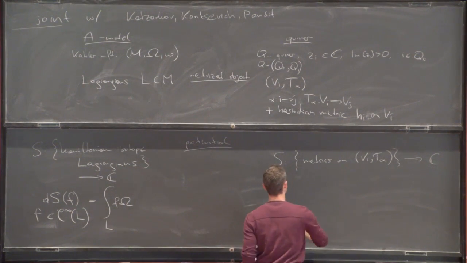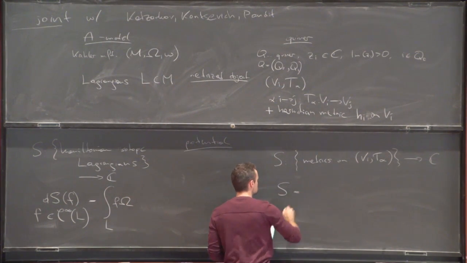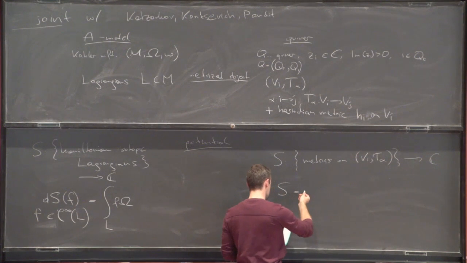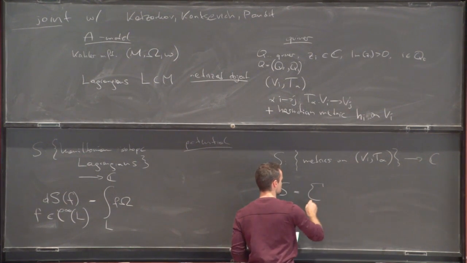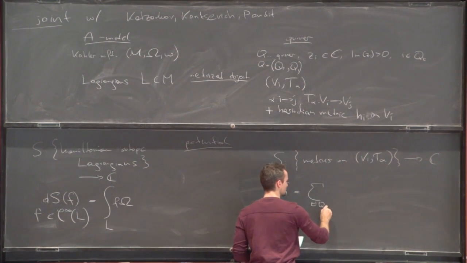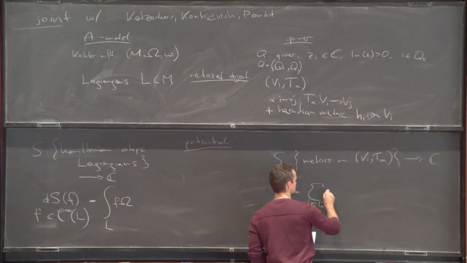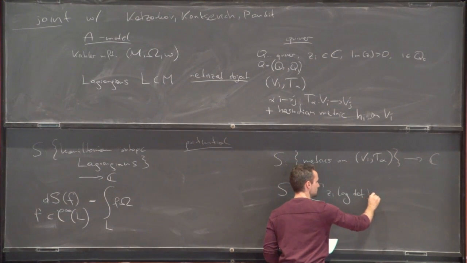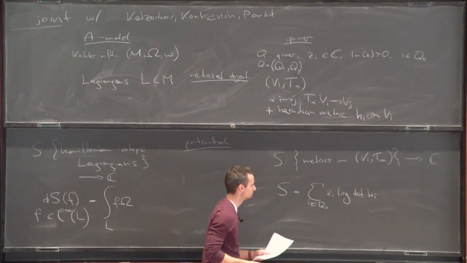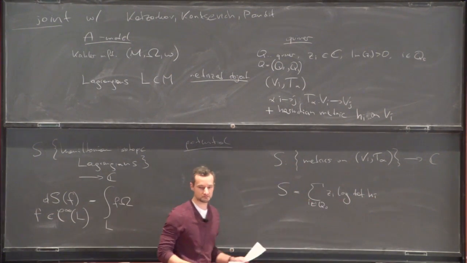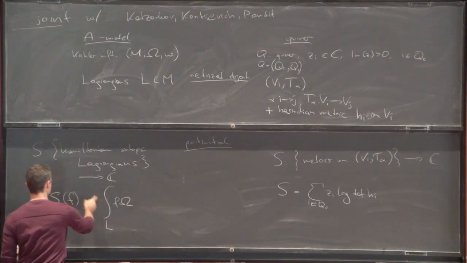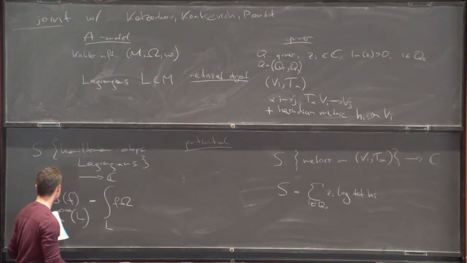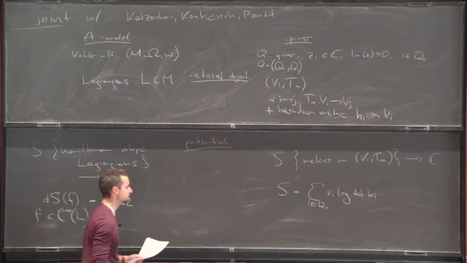But first, what's the corresponding thing here? Here's an explicit formula: it will be a sum over vertices of these C_i log determinant of H_i. Here a reference metric is hidden, just like here there's also a choice of base point involved if you want to integrate dS.